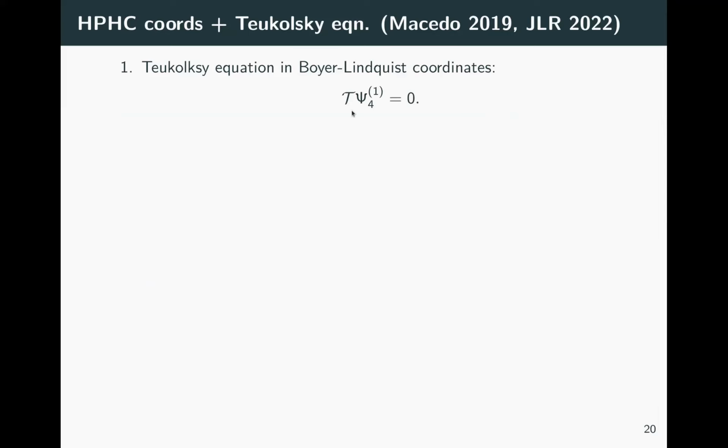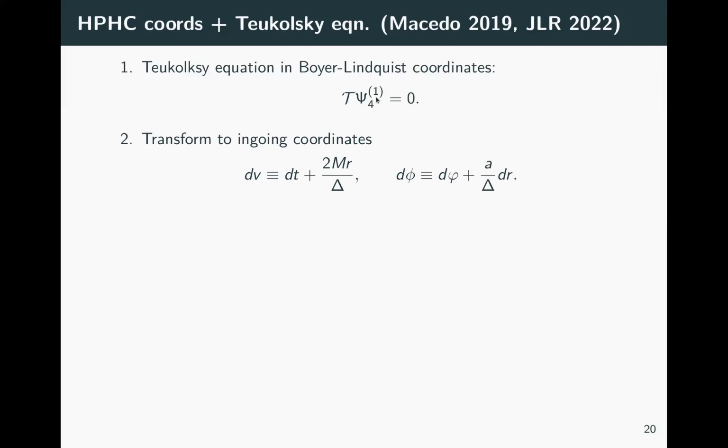So here's the Teukolsky equation again, written schematically, acting on psi4. To go out of Boyer-Lindquist coordinates, first we transform to ingoing Kerr-Schild coordinates. So you take your time and convert it into this advanced time v. It turns out the v we get here isn't a null coordinate, but it's horizon penetrating, which is good enough.